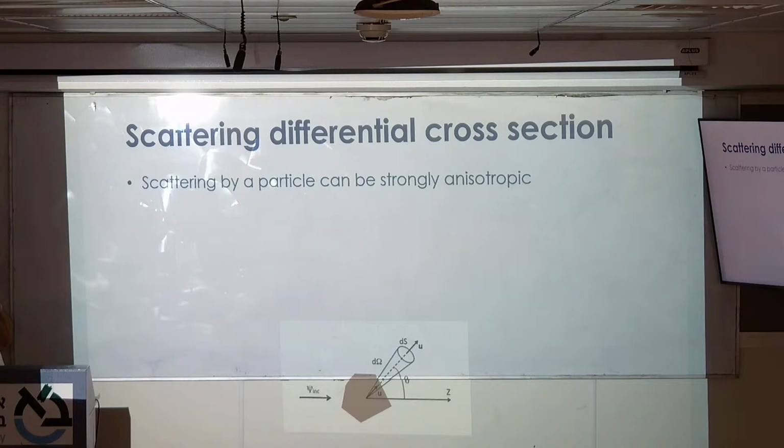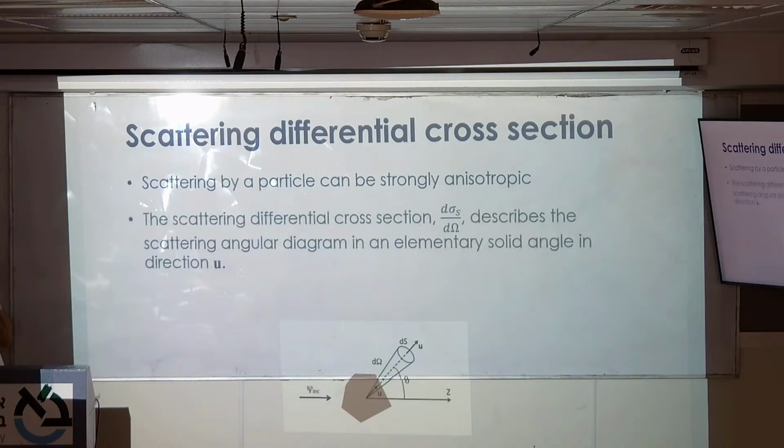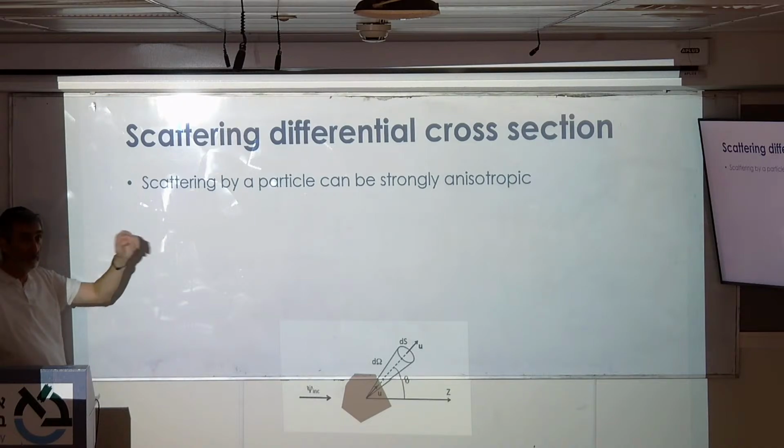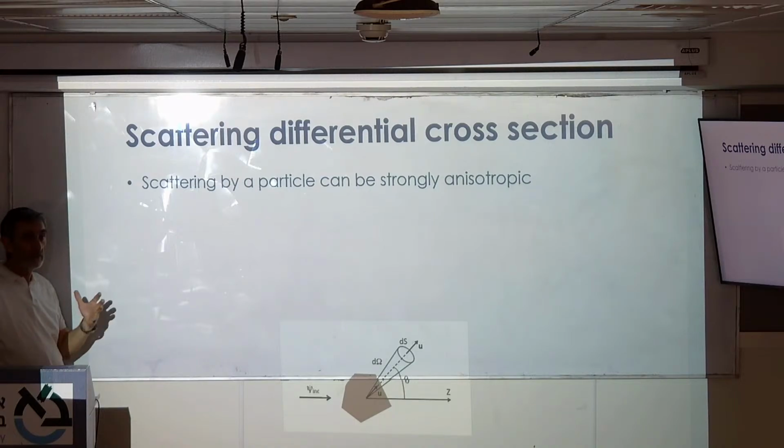The differential cross-section d sigma over d omega describes the scattering angular diagram in an elementary solid angle in direction u. This is the modulus square of the scattering amplitude, that's nothing more than the modulus square of S.